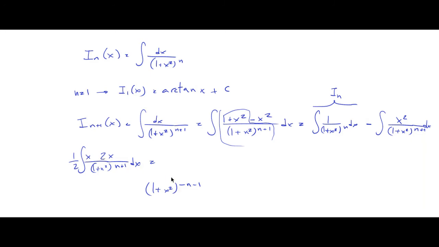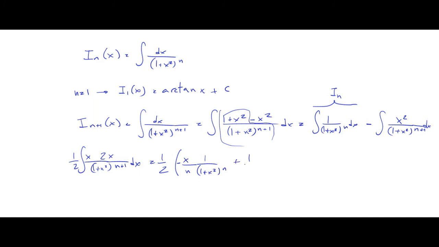And now we have that the function, this is x times the integral of this. So let's say first, this is 1/2 of x times the integral of this. So this is 1 over (1 plus x squared) to the n, divided by minus n, so minus n here, right? You can do it on your own if you want.